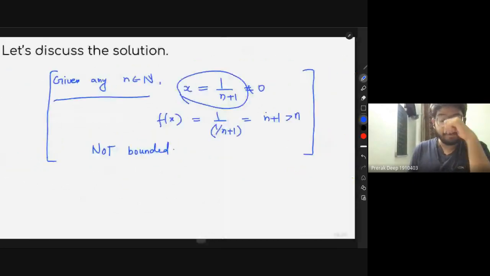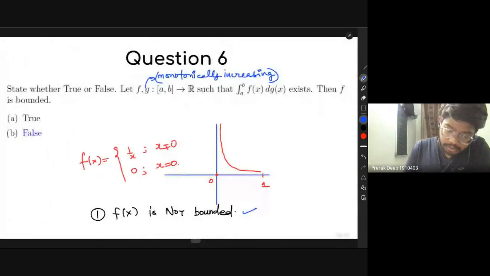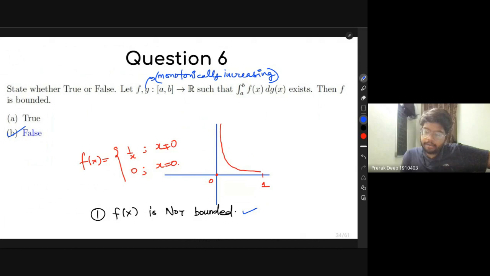So this statement is false. So we have come up with an example of a function f which is not bounded, but the Stieltjes integral exists.